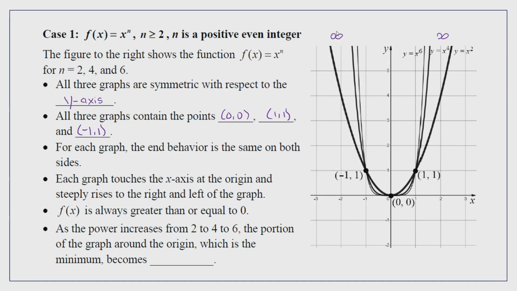Each graph touches the x-axis at the origin and steeply rises to the right and left of the graph. f of x is always greater than or equal to 0, and we know that because there are no values below the x-axis. As the power increases from 2 to 4 to 6, the portion of the graph around the origin, which is the minimum, becomes flattened.